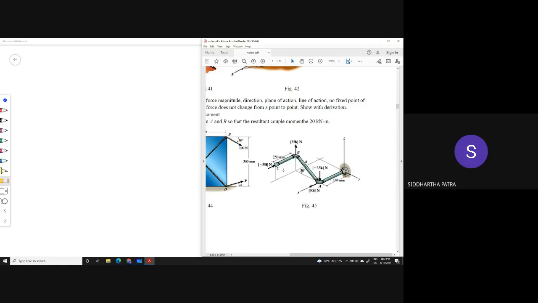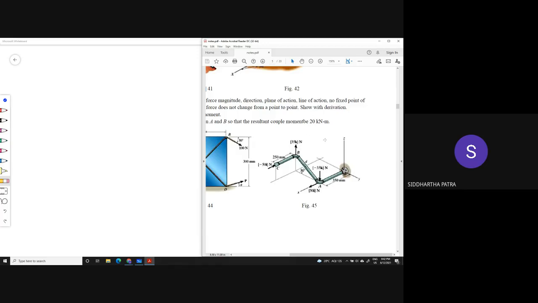You have to understand that the moment due to the 35 kilonewton force is perpendicular, along the x direction, whereas the moment due to the 50 Newton force is something between y and z. It actually makes an angle of 30 degrees with the z axis.